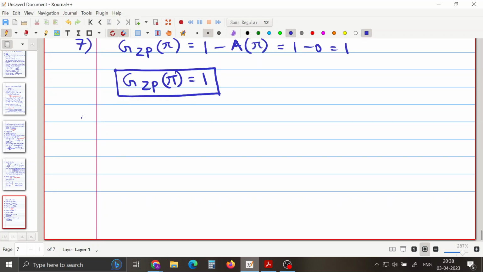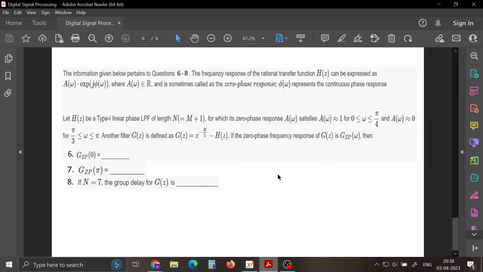Now finally question number 8. In question number 8 we have been asked that if the length capital N is equal to 7, what is the group delay for capital G of z?